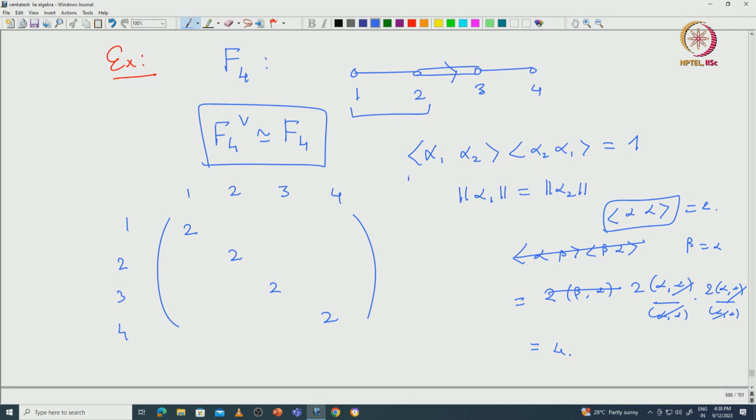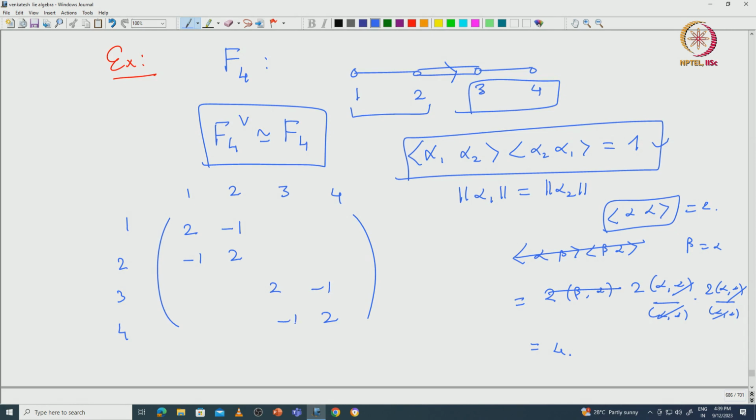Now since this product, alpha 1 alpha 2 and alpha 2 alpha 1, is 1, and the inner product alpha 1 alpha 2 is always negative or non-positive, in particular the entries 1 2 and 2 1 must be minus 1, minus 1. Similarly for 3 4, again this is minus 1 and minus 1.